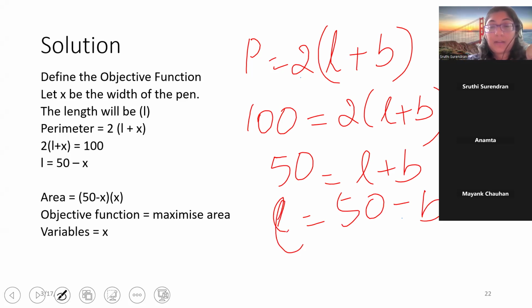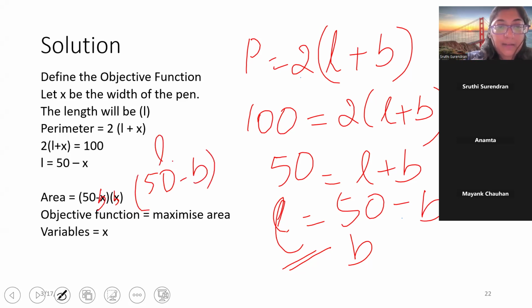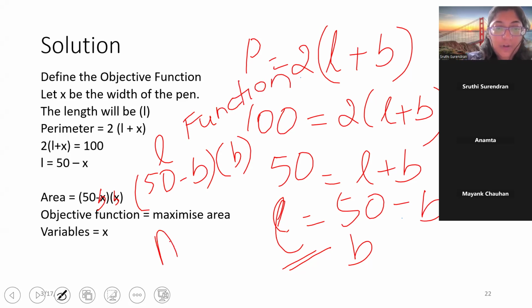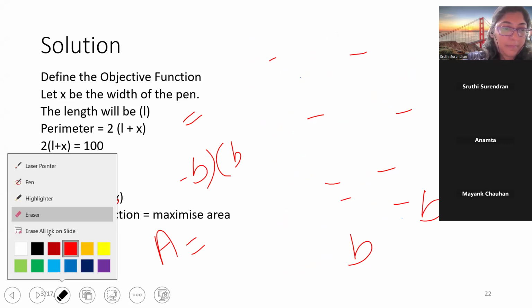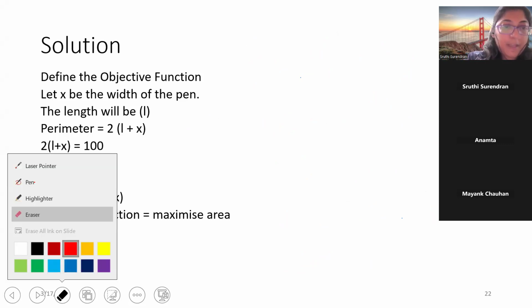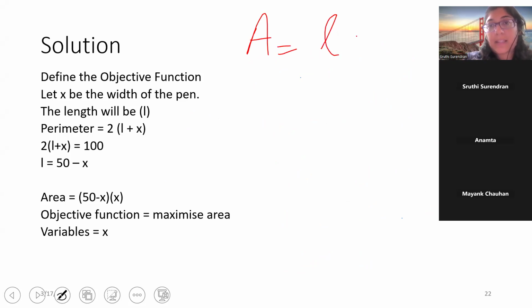So now if we have the length also, we have the breadth also. So length, if we substitute in terms of b, say if this is b over here, 50 minus b, that is the length term, into the breadth will give us the area. So this is the function. Area is equal to length into breadth.